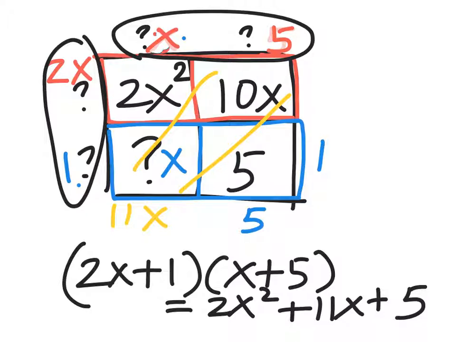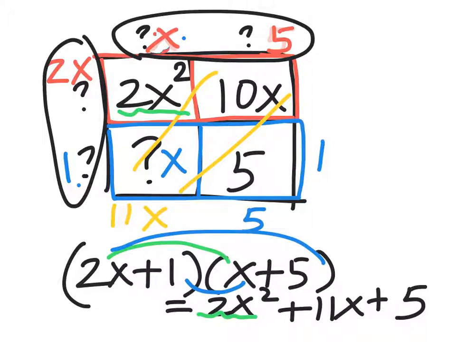And we can check that by doing the algebra. Again, 2x times x is 2x squared, and the 2x times 5 and 1x is going to give me the 10x and x, which gives me 11x. And the 1 times 5 is going to be the 5.